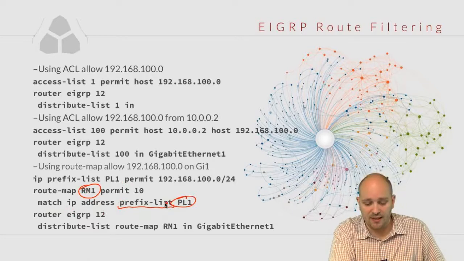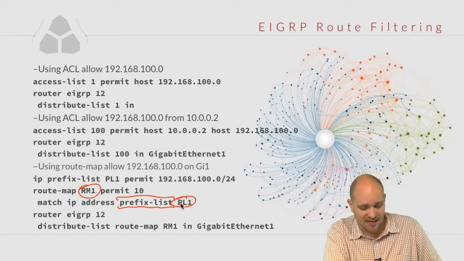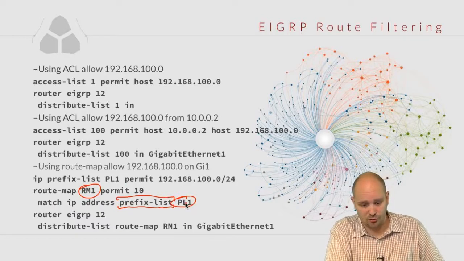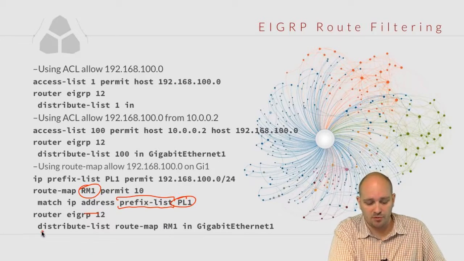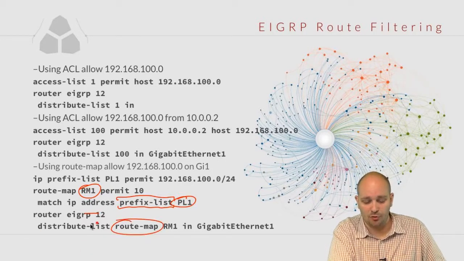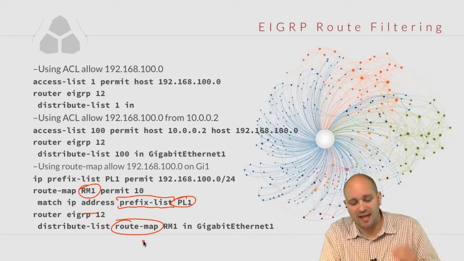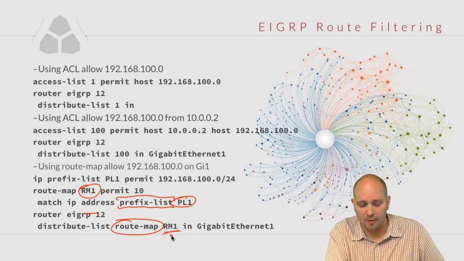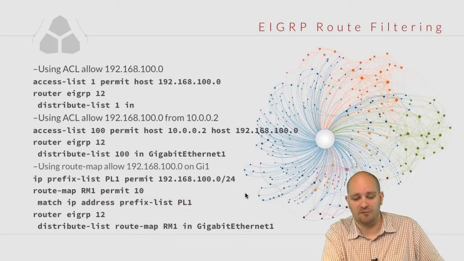Don't forget that in the route map, if you don't say the prefix list here, the name that you type is going to be referencing the access list, and this is not what you want if you want to use the prefix list. And then in router EIGRP process, we would say distribute list, route map. The same way we would have used prefix list, this time we are saying we want to use the route map 1, in the inbound direction on gigabit interface 1.